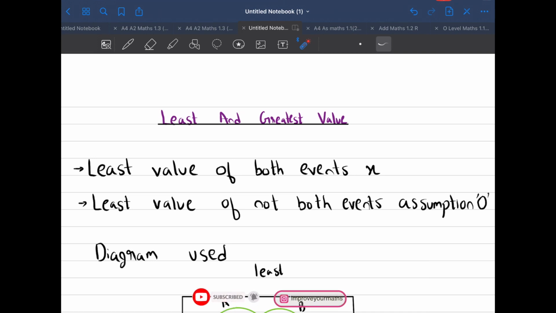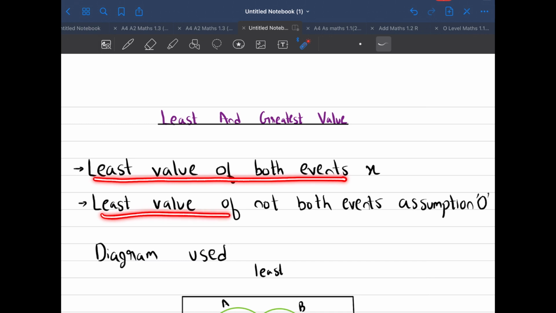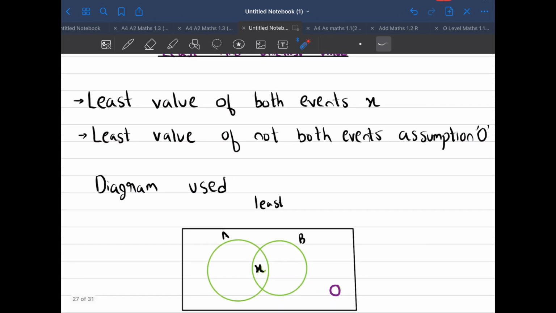To begin with, we're going to start talking about least value of both events and least value of not both. The area of A intersection B, where it's written X, is considered least value of both events, and the area outside set A and B is considered least value of not both events.